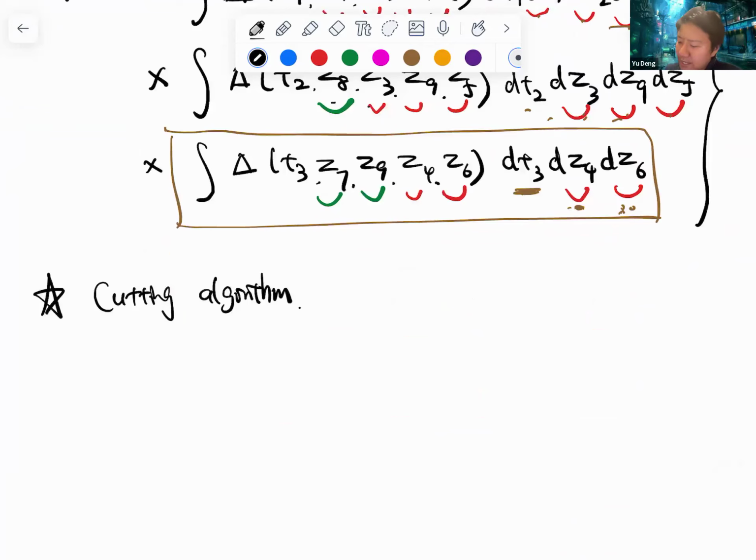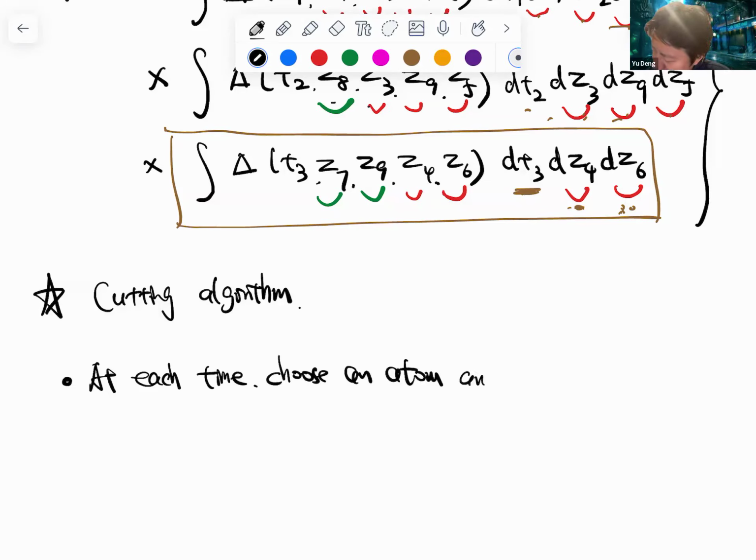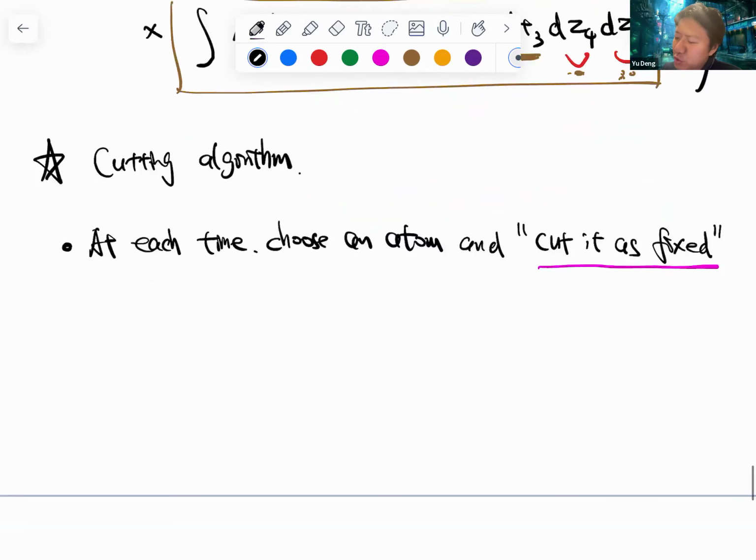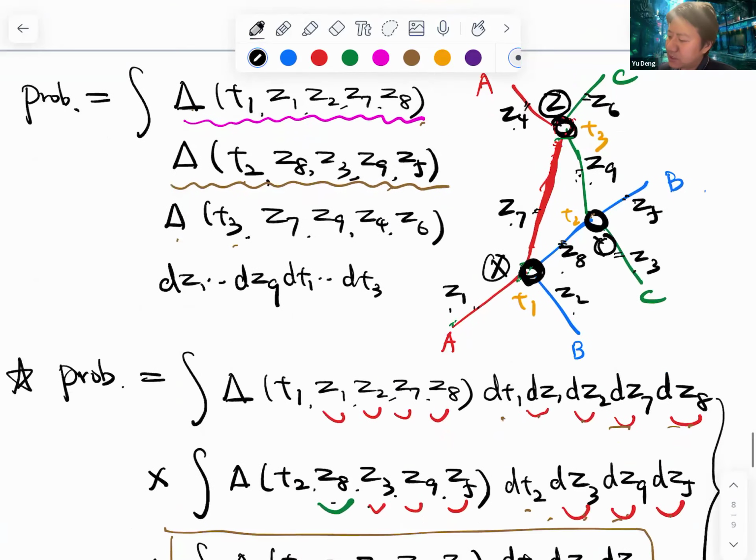So basically what we do each time is choose an atom. Atom means a collision again, and cut it as fixed. So let's start with this picture.